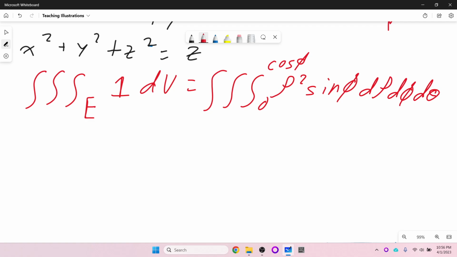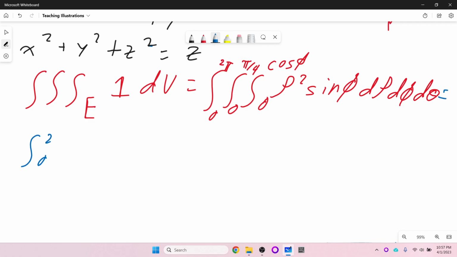So my mistake, I misspoke a minute ago. But, okay, phi goes from 0 to pi fourths, and then theta goes from 0 to 2 pi. Since this is not a prism, since the first integral has a function as one of its bounds, we can't rearrange it. We need to do that one first.